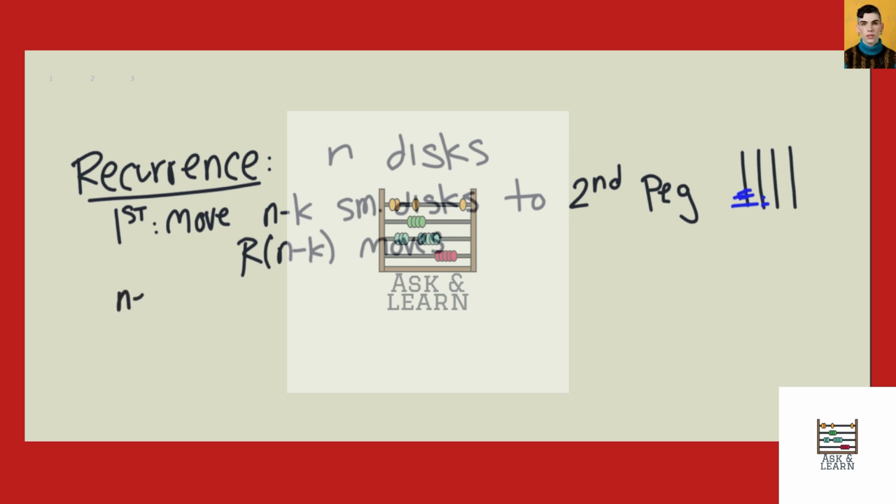So next, we want to move the k largest disks, so this is everything that's left on peg 1, to peg 4. Okay, but we have just 3 pegs to work with, where we have to leave that 2nd peg alone in order to get the k largest disks over to the 4th peg here.